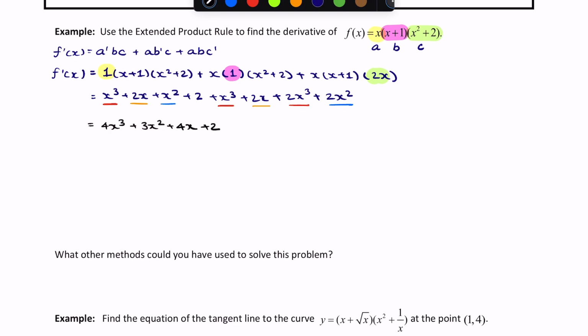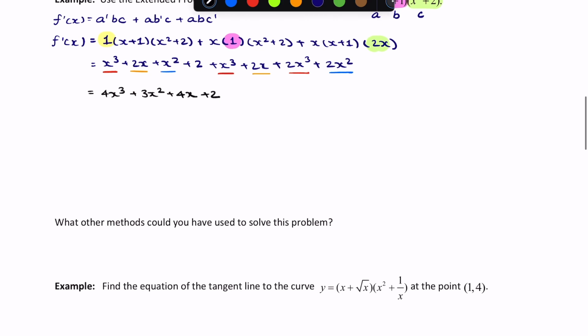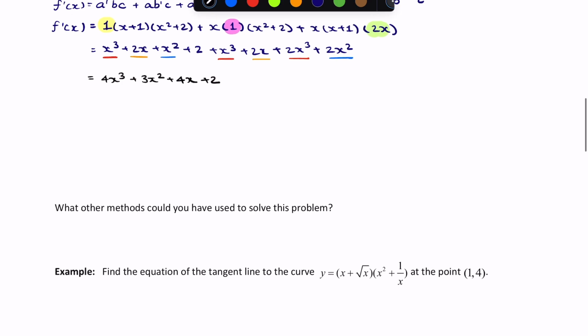Okay, so it says what other methods could have been used to solve this problem? We could have expanded f of x first, then found f prime of x.